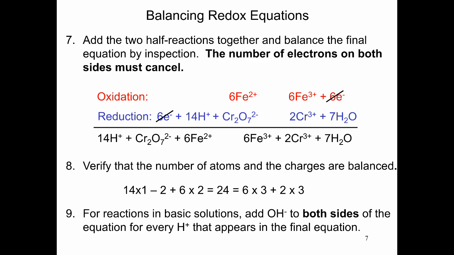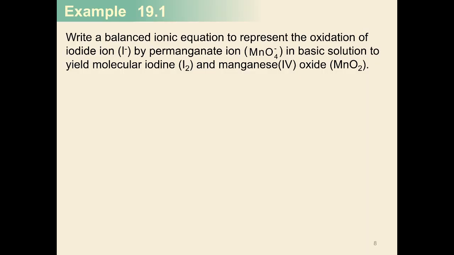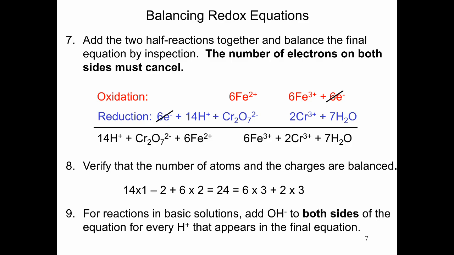If you have a basic solution, you just add the hydroxide ions to both sides of the equation for every H+ that appears in your final equation. So for this one, say this reaction occurs in a basic solution. Sometimes redox reactions occur in acidic solution, sometimes in basic.